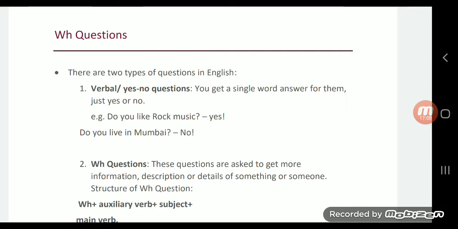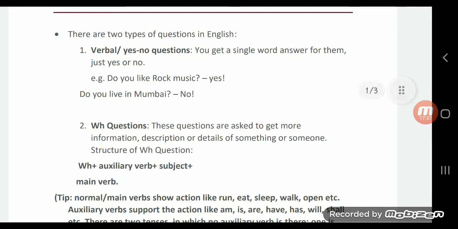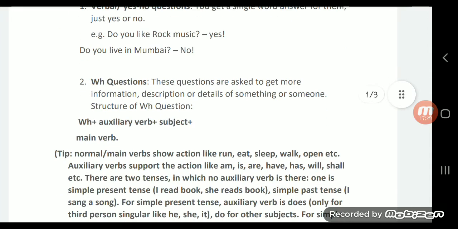One type of question is verbal or yes no question. When you ask that question, you simply get an answer in one word, either yes or no. That is a verbal or yes no question. Here are some examples for that. Then second is the WH question.